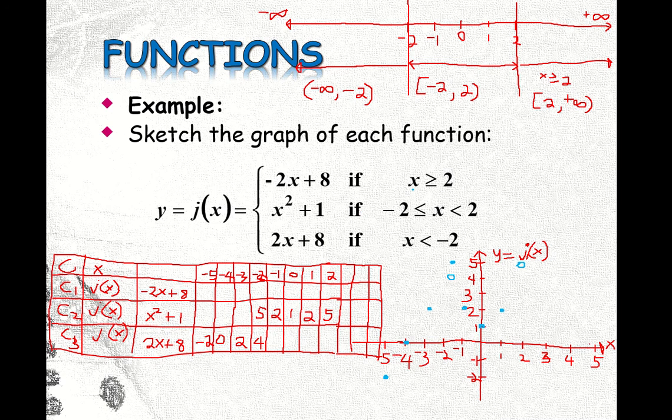Okay, next we'll go to condition number 1. So x equal to 2, so 2 is included.